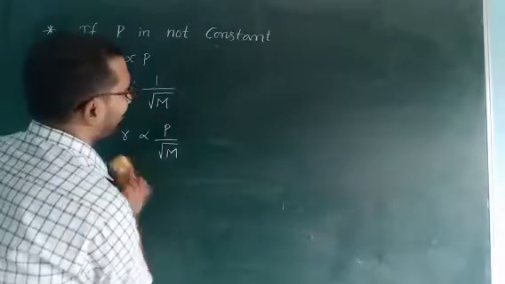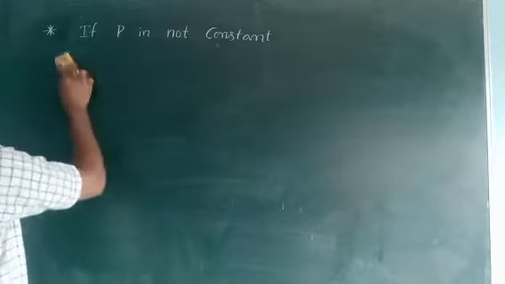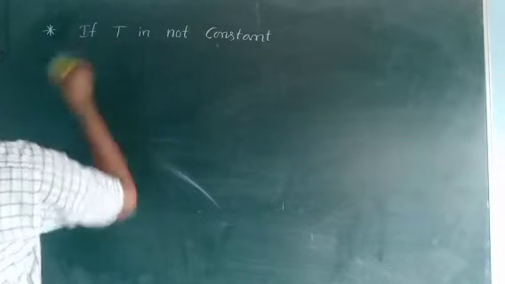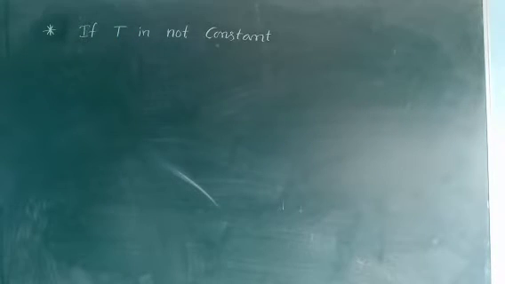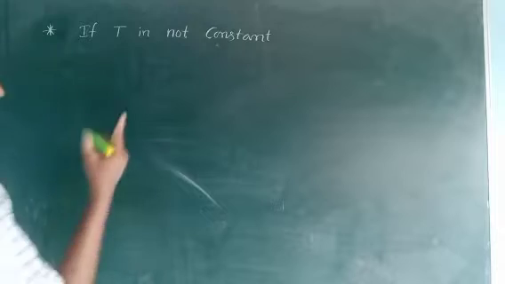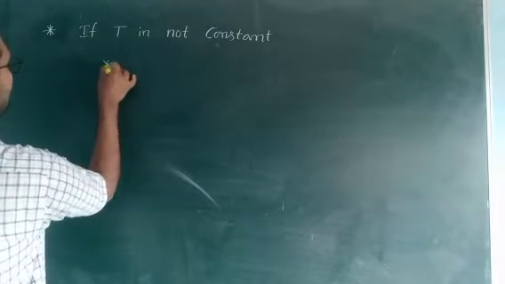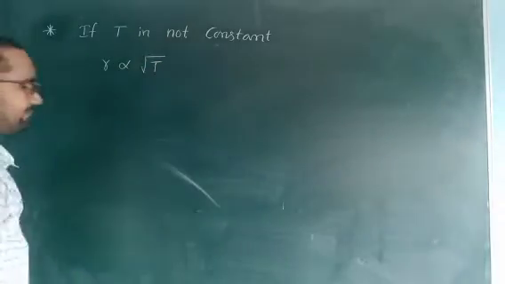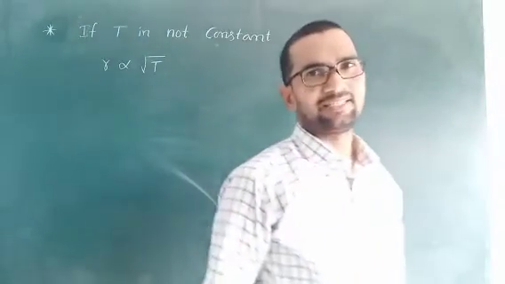Next one is, if temperature is not constant. What is the relation between rate of diffusion and temperature? R is directly proportional to square root of temperature. Very interesting in this relation.